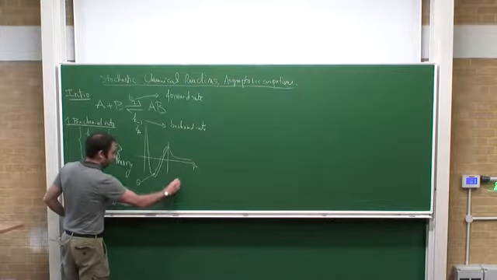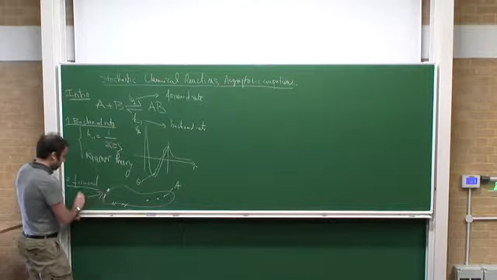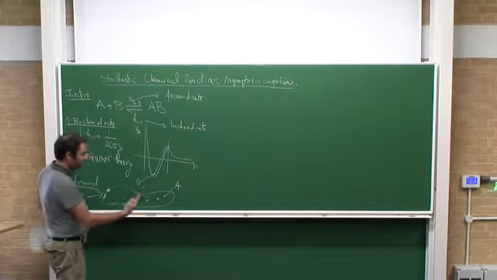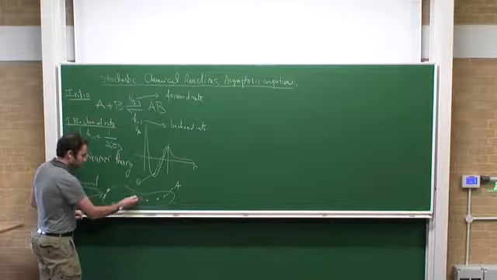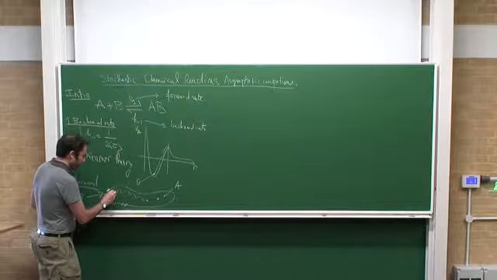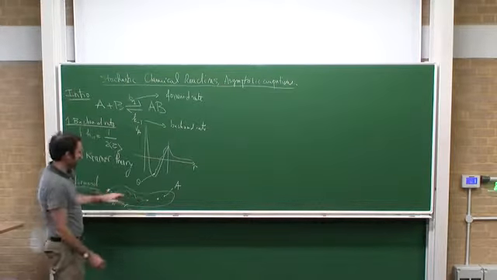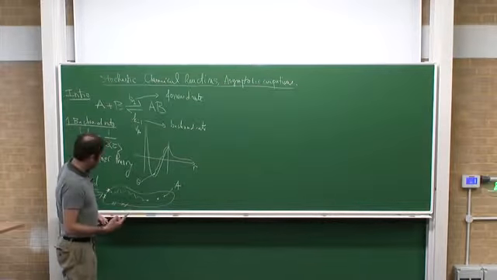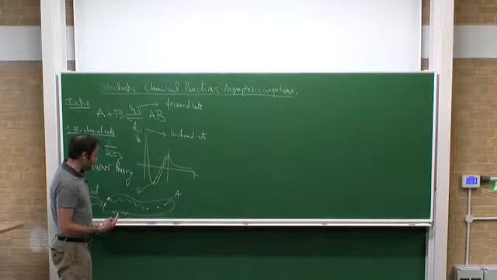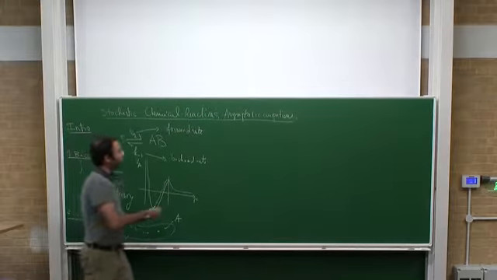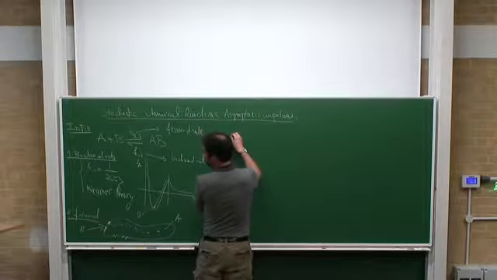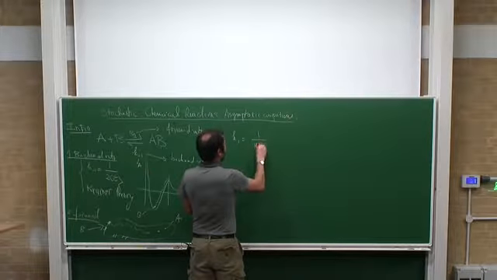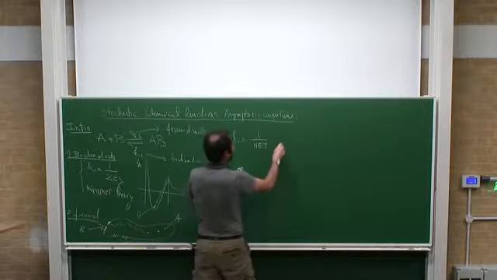What is the forward rate? If you think about one molecule and one binding site, this is the rate of arrival, which is exactly the narrow escape time. So usually k1 is 1 over the narrow escape time that we studied in the previous class.